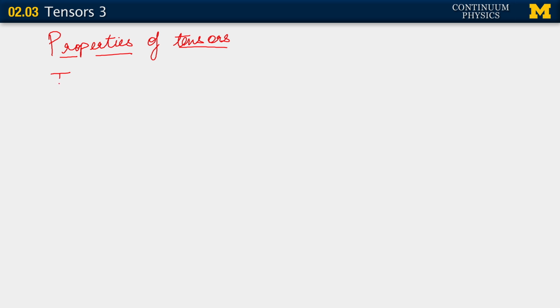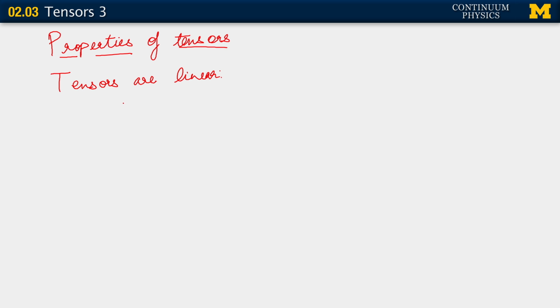The first subtopic we will look at is some elementary properties of addition of tensors. Tensors have this dominant property of linearity, which we've already seen to some extent, but let's understand that in a slightly different way. Tensors are linear.